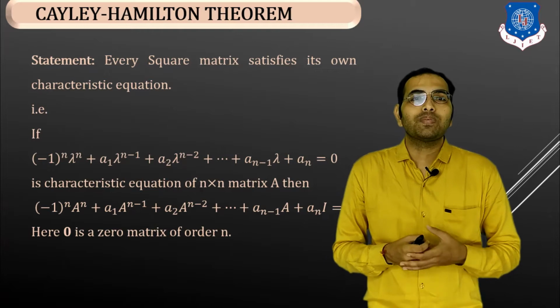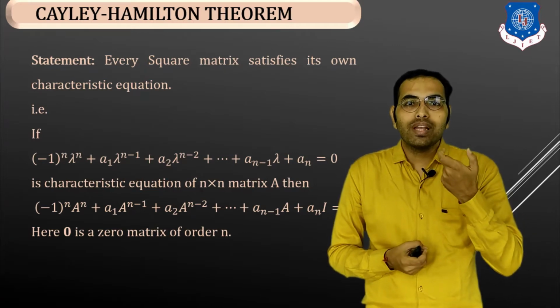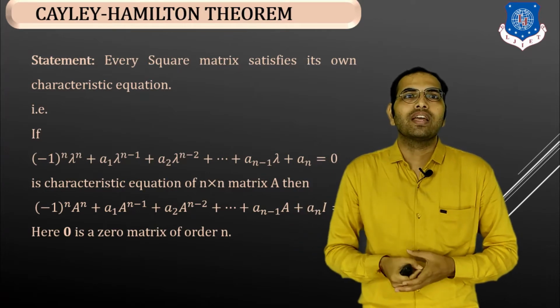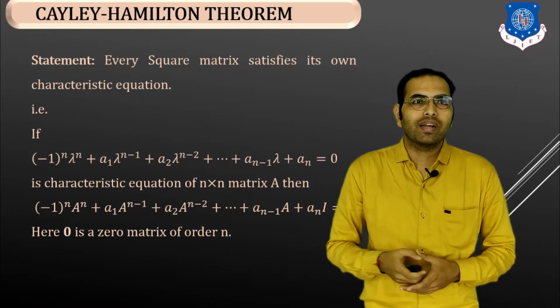Here our polynomial equation in the form of matrices is equal to 0. That is exactly the statement of the Cayley-Hamilton theorem.